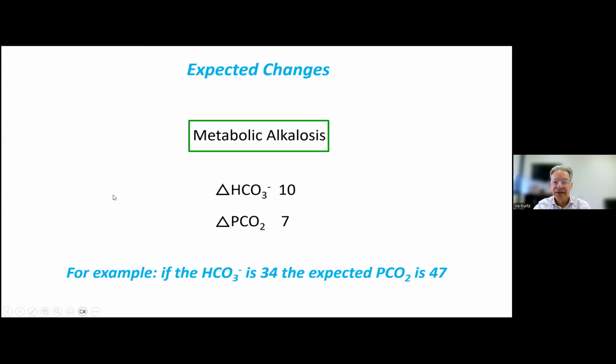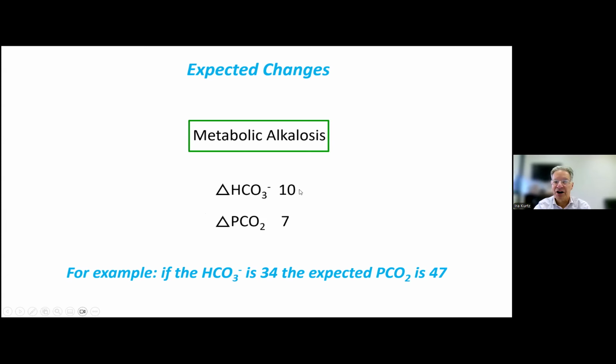And the rule is different from the changes in metabolic acidosis. For every 10 increase in the bicarbonate, the PCO2 goes up by 7, not by 12, which would be the converse of metabolic acidosis. It goes up less than the bicarbonate went up, about 70%. Whatever your bicarbonate went up, the PCO2 goes up 70% of that.